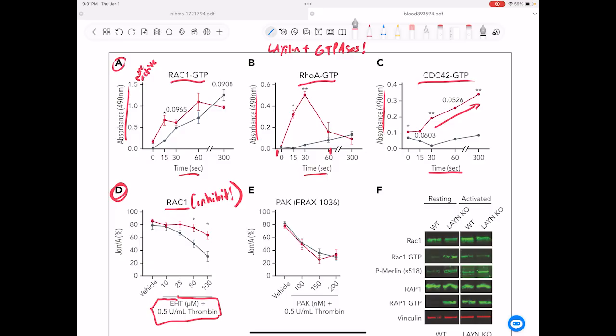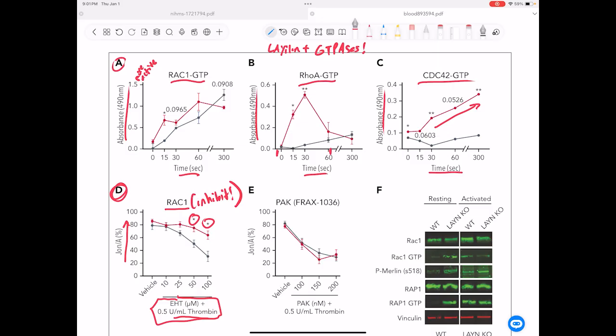And lo and behold, as we were stimulating it with, again, thrombin, and we're measuring the activation of alpha IIb beta 3, as we increase the inhibition, our wild type right here is appropriately being inhibited. But our Layilin knockout in red, here and here, is resistant to it. This is really exciting.